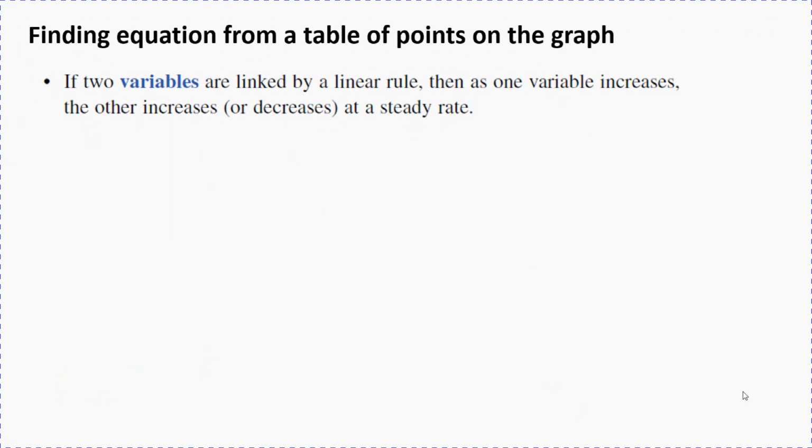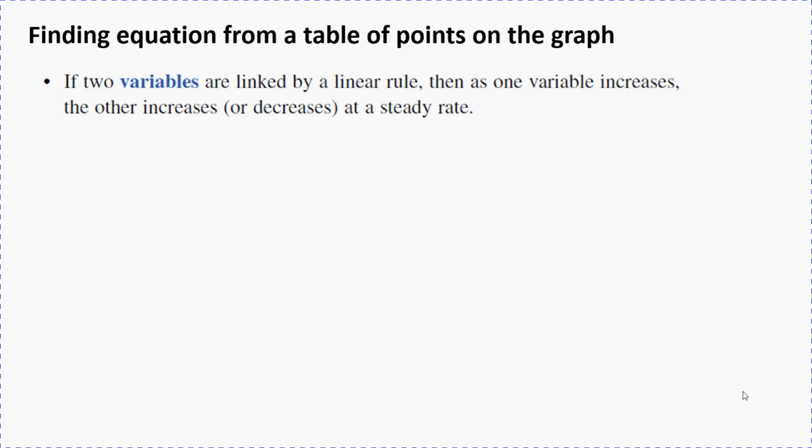Today we are going to do finding the equation for a table of points on the graph. So I ask you to have your handouts, the handouts we gave you on Thursday, and you should have the handouts with you.